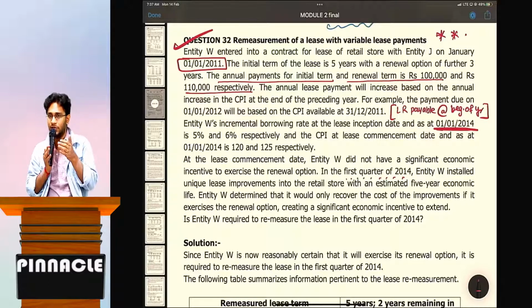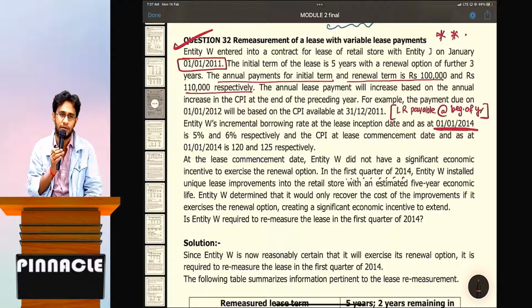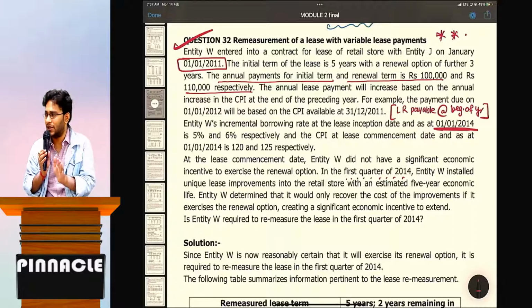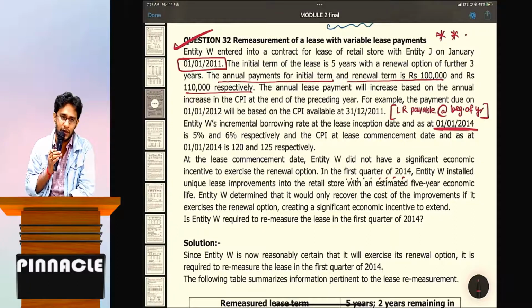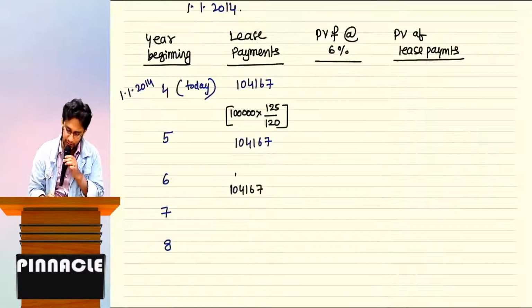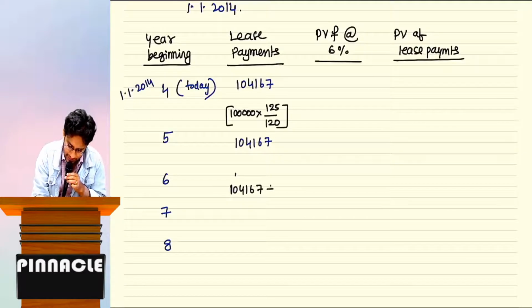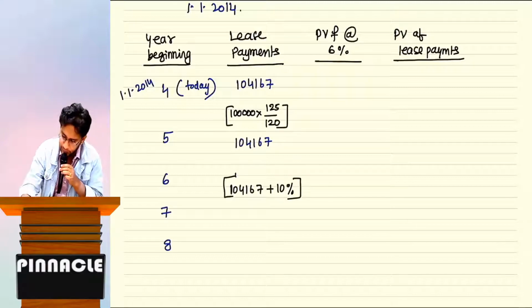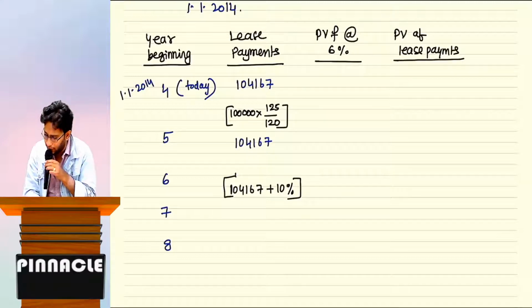That means once your 5 years period is over, in the 6th, 7th, 8th year the rent increases 10% compared to the original rent. So 10% updation is required. 104,167 plus 10% is 114,584.